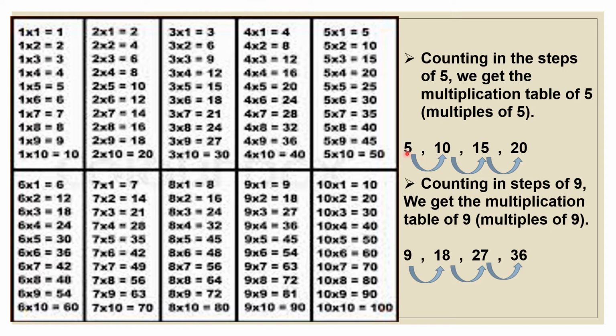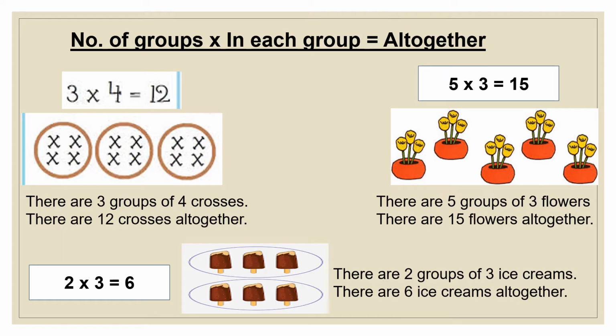And check it out here. In the table of 5, we are counting on in steps of 5: 5 plus 5 is 10, 10 plus 5 is 15, plus 5 is 20. In the table of 9, we are counting on in steps of 9: 9 plus 9 is 18, plus 9 is 27, plus 9 is 36.